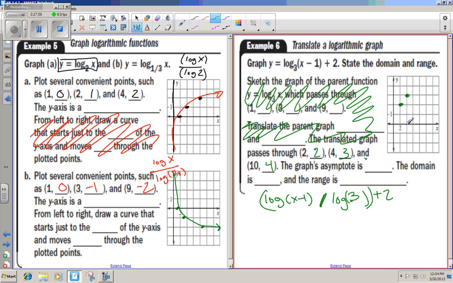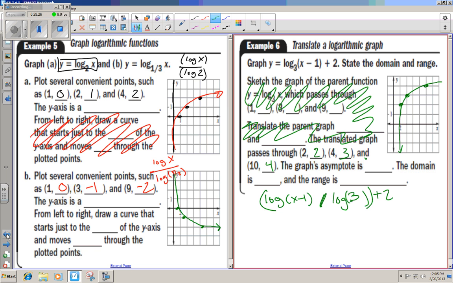And now you have, again, a graph that goes through like that.